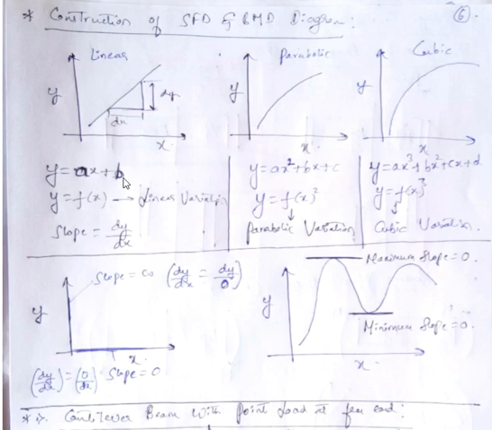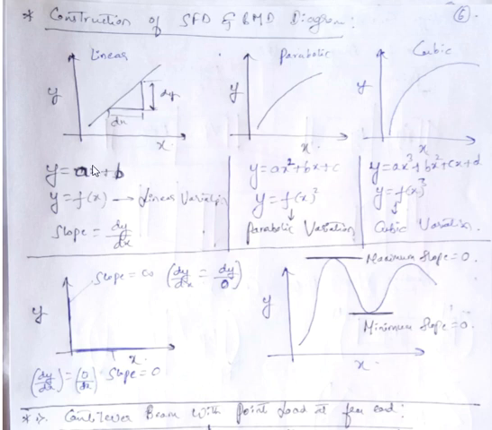They are not going to change. The only parameter which is going to change is x. When I change the value of x, then obviously y is going to change. Now how to decide whether the curve is linear or parabolic is, look at the maximum power of the variable.